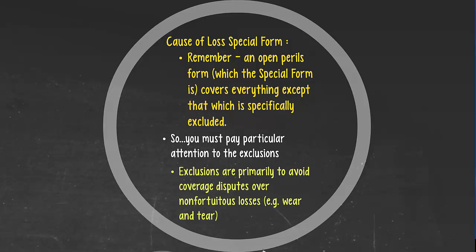And these exclusions are primarily to avoid coverage disputes over non-fortuitous losses, such as wear and tear. But before I get to these, let me mention that all of the basic and broad form exclusions also apply. And most of those were there because of the need to eliminate coverage for catastrophic loss.